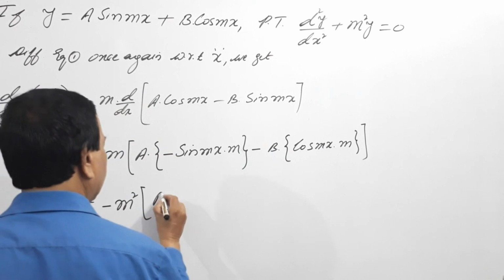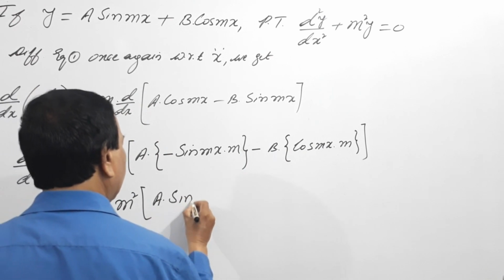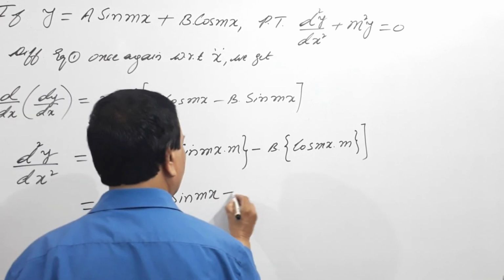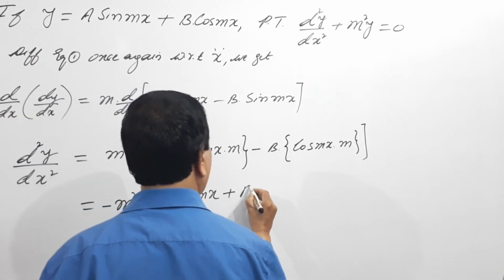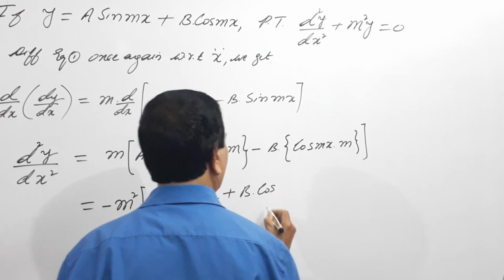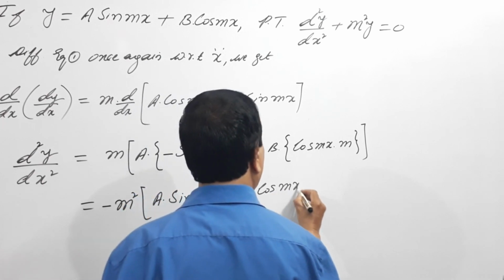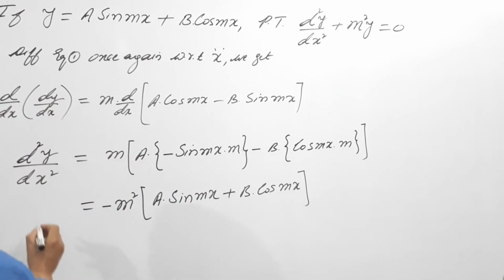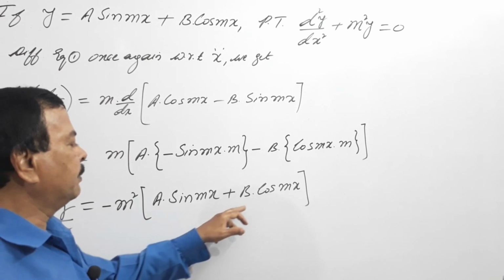So this becomes a sin mx plus b cos mx, and on the left hand side we have d square y by dx square. What is a sin mx plus b cos mx?